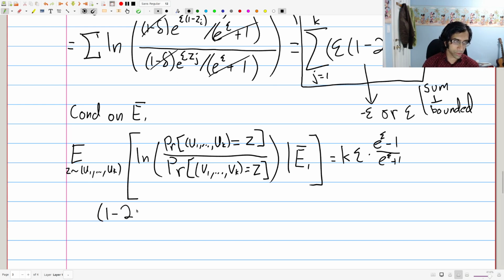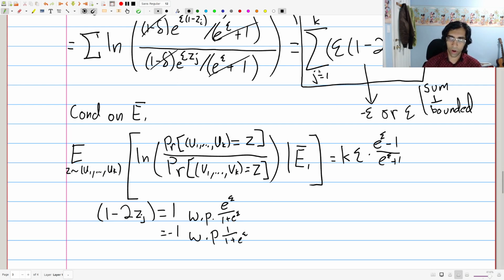So in short, 1 minus 2 times zj is going to be equal to 1 with probability e to the epsilon over 1 plus e to the epsilon, and equal to minus 1 with probability 1 over 1 plus e to the epsilon.